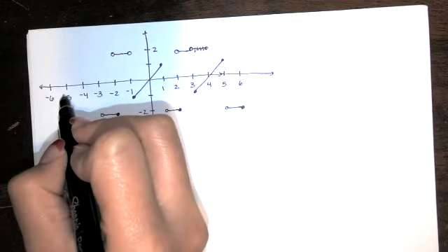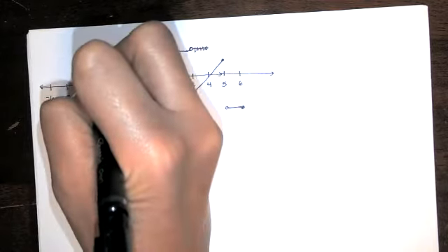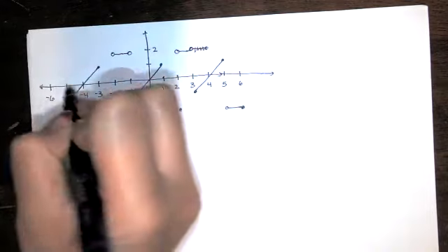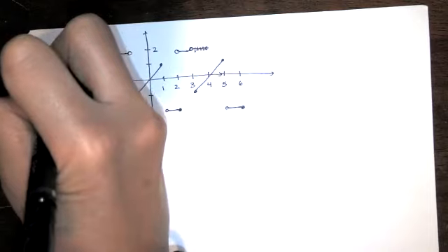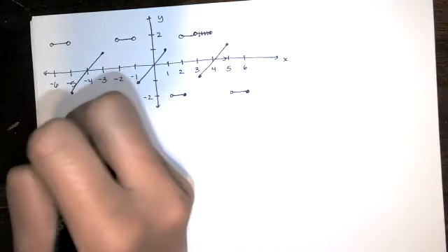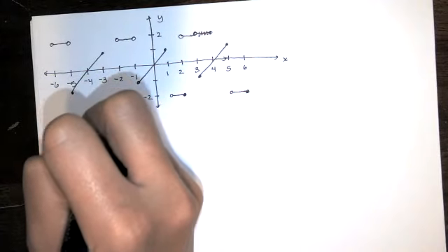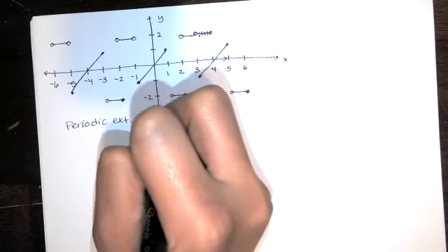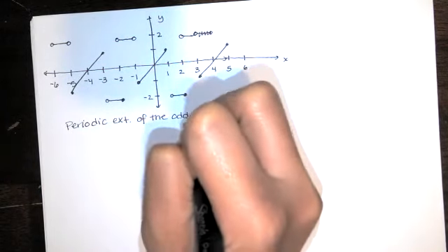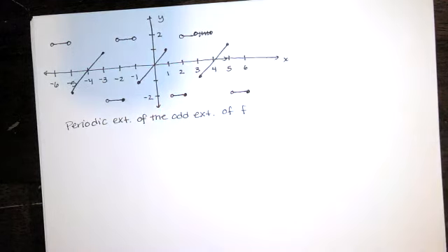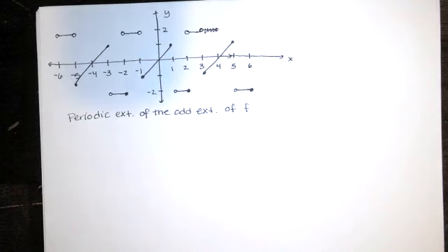Then from -5 to -3, we'll see this line segment again. And then from -6 to -5, we'll see this. Okay, so that is the periodic extension of the odd extension of f to the entire real line.